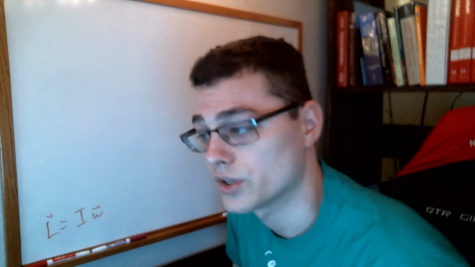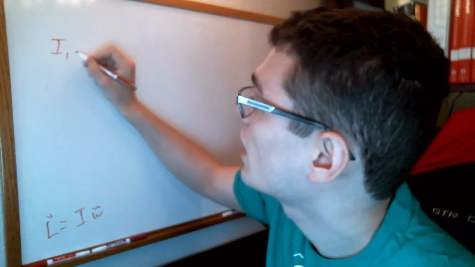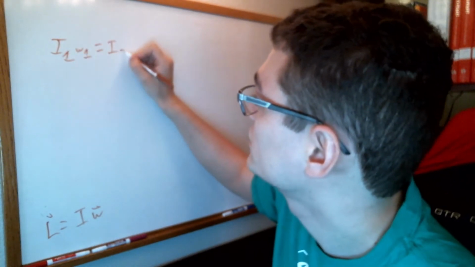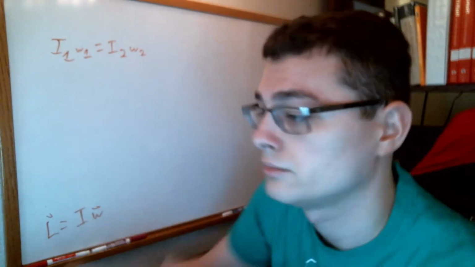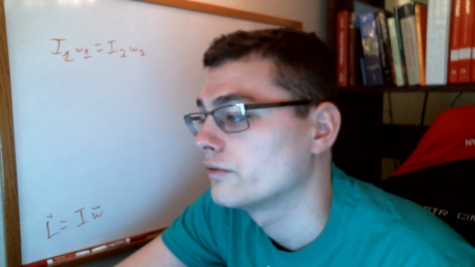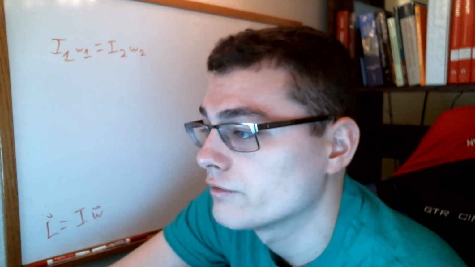Now we have the equation I1 omega 1 is equal to I2 omega 2, and this is your base equation for conservation of angular momentum.